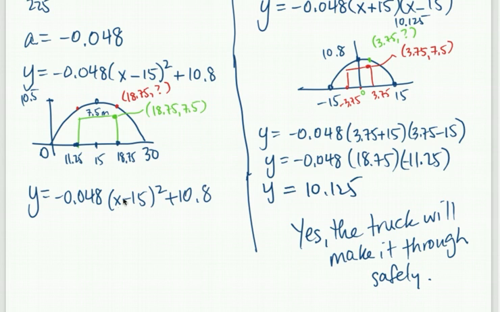Okay, so there's our equation. So we're going to plug in the 18.75 here, subtract 15, square it, multiply by this, and then add the 18. Okay, so let's just do that right now.